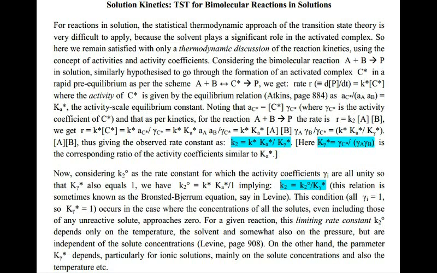So this equation, the observed rate constant k2 is equal to k* K* divided by Kγ*. This equation we get is given in blue shading here.